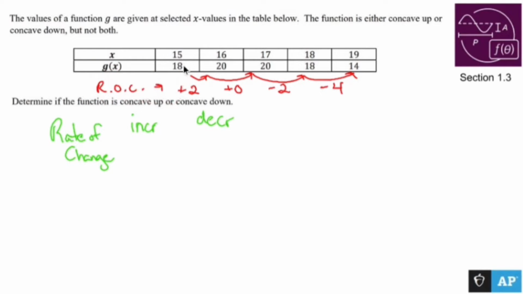Because what you're doing is you're finding how g is changing over the course of one step. And you add 2, subtract nothing, subtract 2, subtract 4. The rate of change goes from 2 to 0 to -2 to -4. Those numbers are decreasing, which means this graph is concave down.